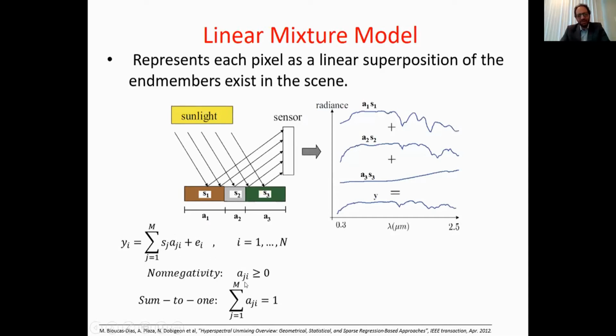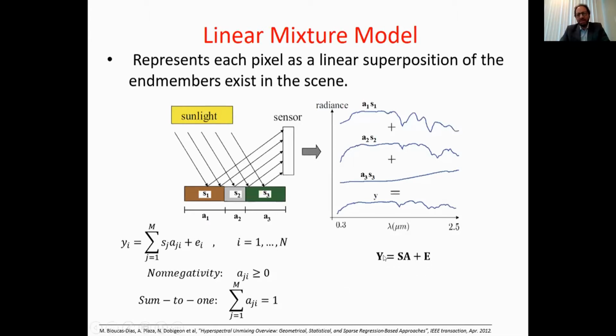Obviously the percentages cannot be negative, and they're less than 1. So you have A_ji bigger than 0, and they all have to sum to 1, because there's only 100% of these materials in one pixel.